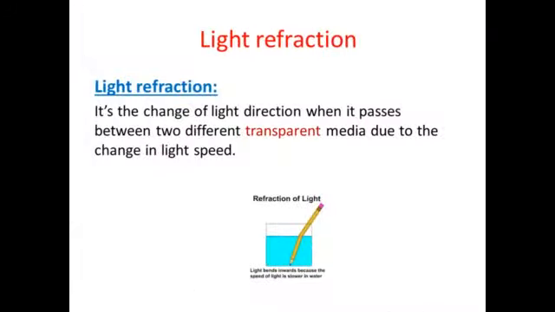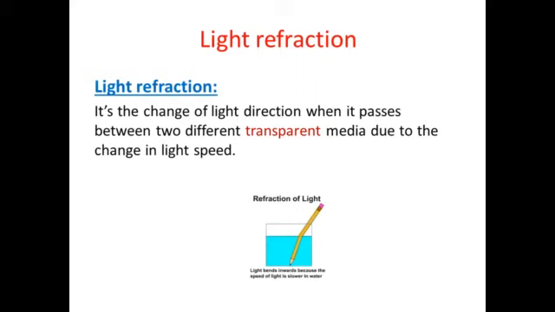Light refraction. As we can observe in the following figure, which represents a pencil inside a glass beaker containing water, you can see that the pencil seems to be broken.